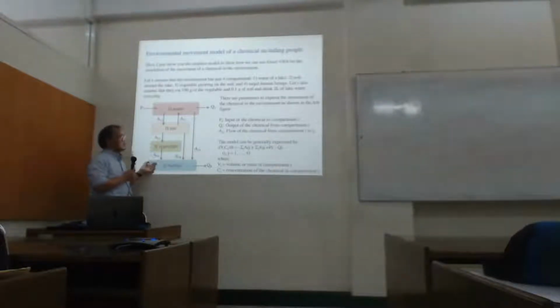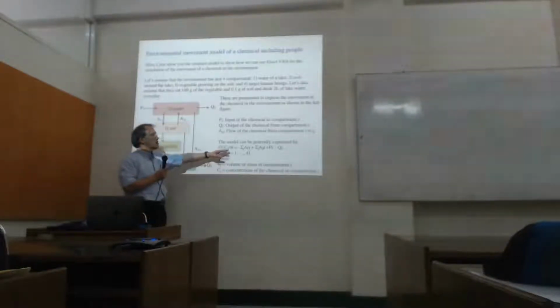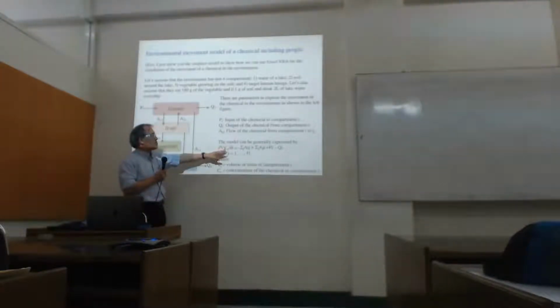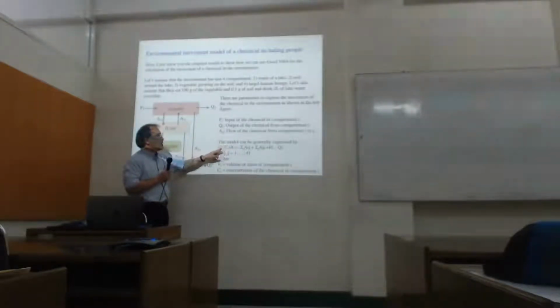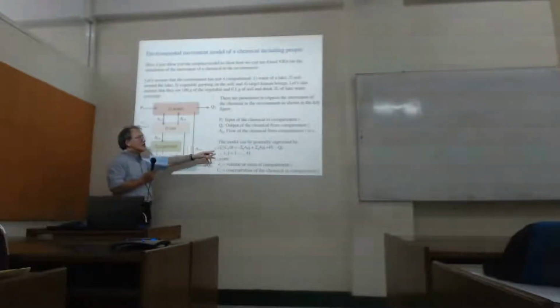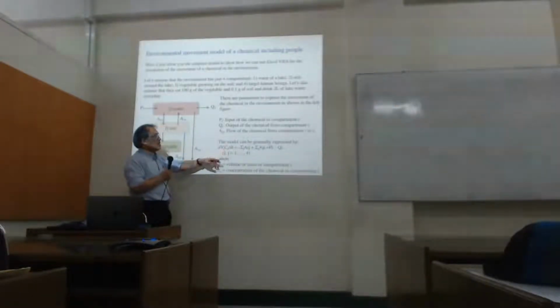You need to assume the weight of the people, or the number of people, and the total amount of pollutant in the human body is the weight times the concentration of pollutant in the human body. So this is the total amount of the pollutant in compartment i.